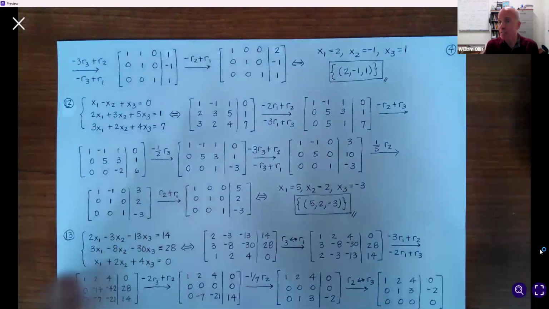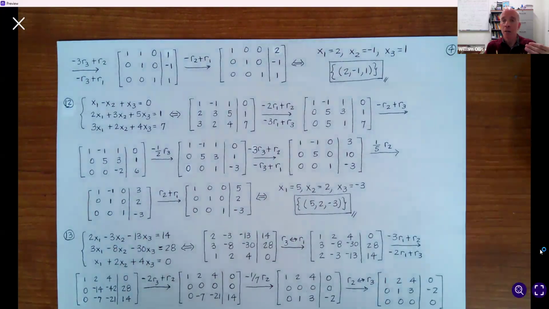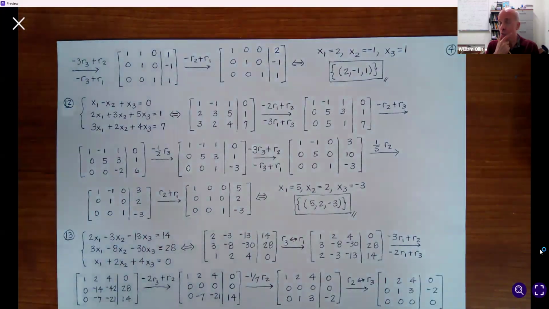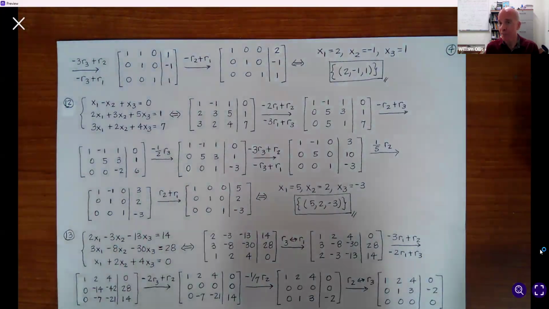Now, let's look at some examples where we have a larger matrix, or we have situations where, for instance, maybe we have 3 equations and 2 unknowns in an overdetermined system. We'll think about that too.